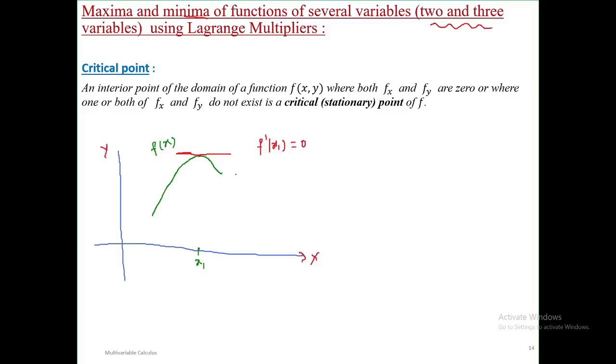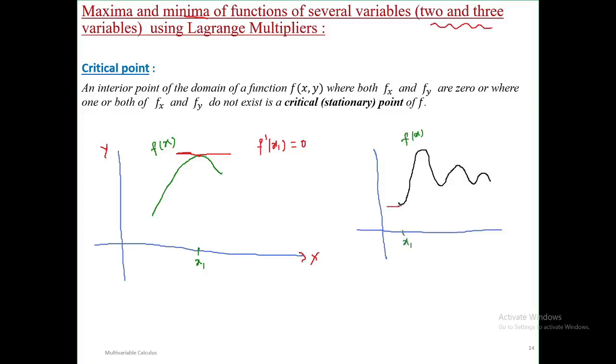Understood? Or we can do it like this. For example, assume this is the f of x graph. Now look clearly at this point, assume it is x1. At x1, if we draw the tangent, this is a tangent.